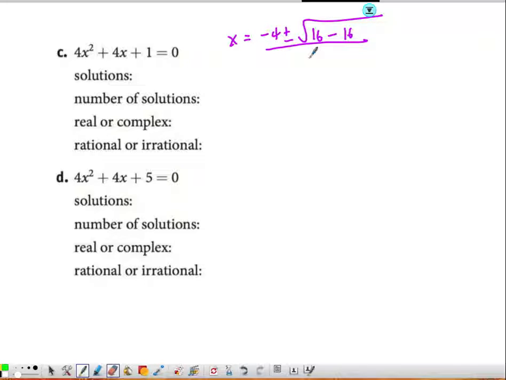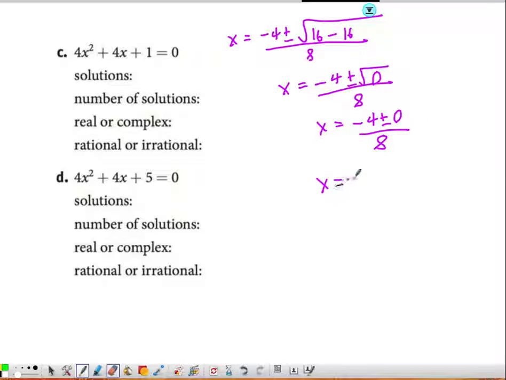And so here we have all over 2a, which is 8. If we simplify this, we get -4 plus or minus the square root of 0 over 8. And so we get -4 plus or minus 0 over 8.